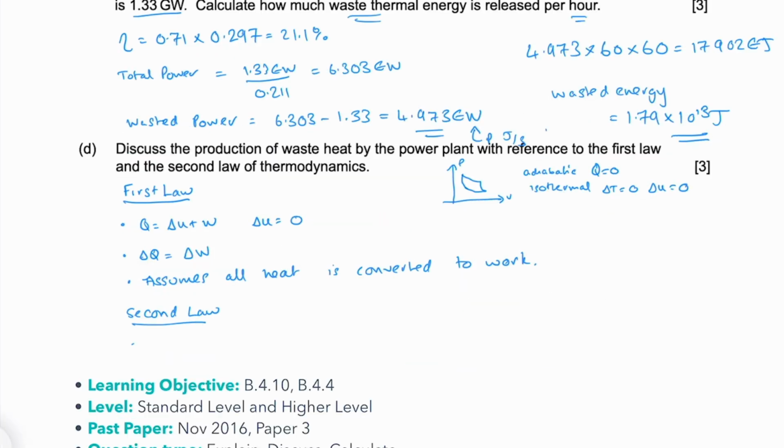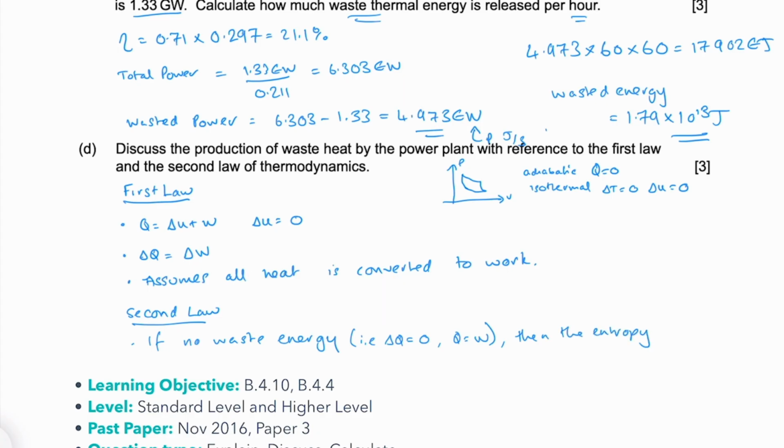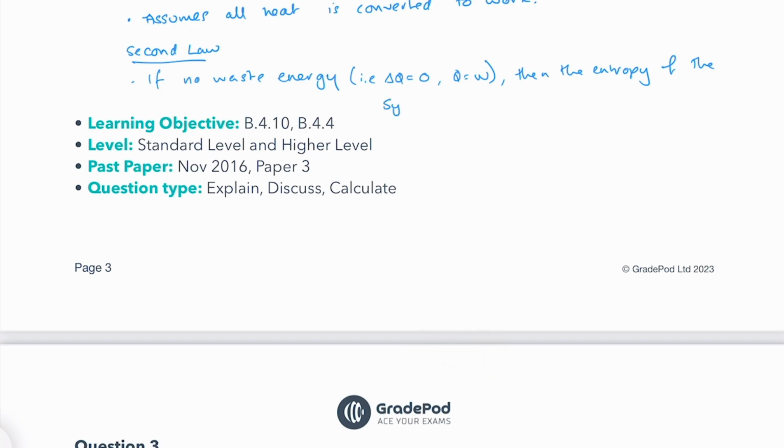If there's no waste energy, which means delta Q is equal to 0 and Q equals W from the first law, then the entropy of the system would decrease. And we saw that in step 1.